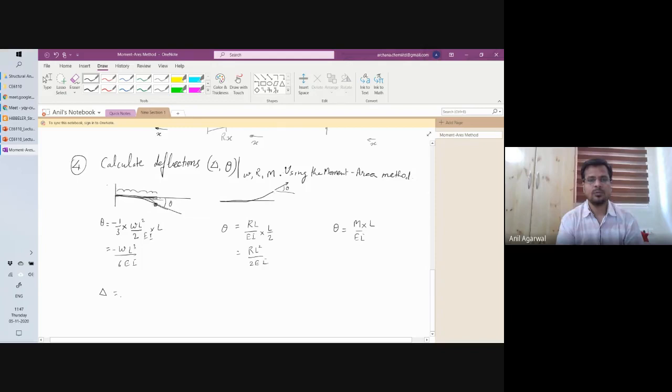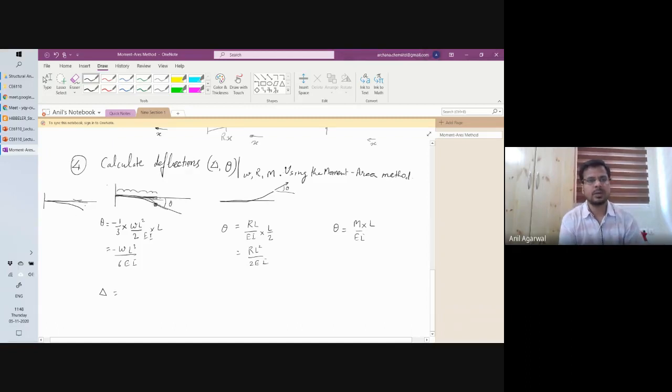Delta. We need to calculate delta also at the free end. How much will be the movement there? Again from the moment area method, wherever we are calculating the movement, if this was the beam and it deformed like so, we draw a tangent at one point. So we draw the tangent at the fixed point.